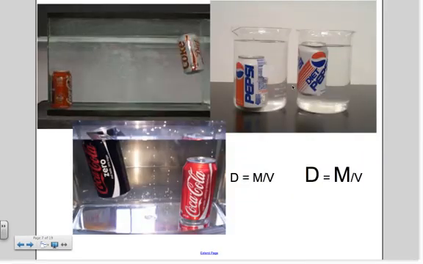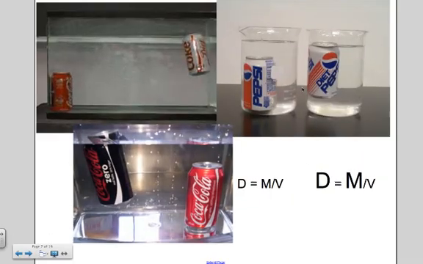Another cool thing you can do is if you take a regular can of Coke and a Diet Coke and put them in water, you get different results. First of all, notice that the Diet Coke is floating and the regular Coke sank. The first thing I can probably predict from this is that Diet Coke has a density less than 1 because it's floating in water.